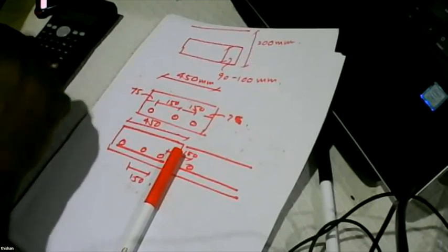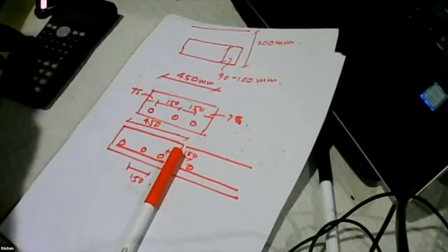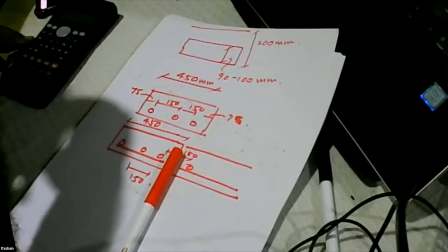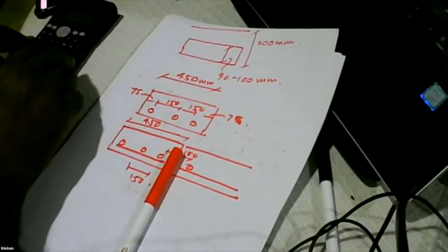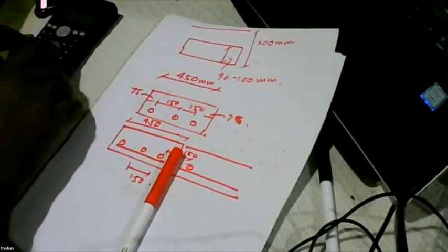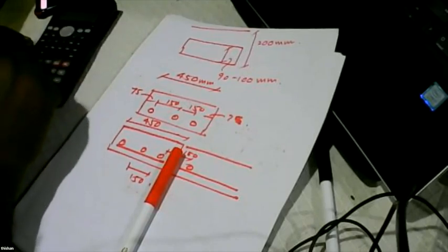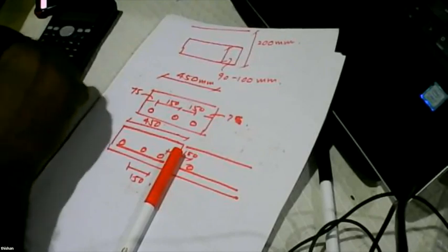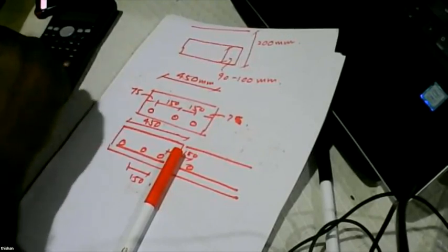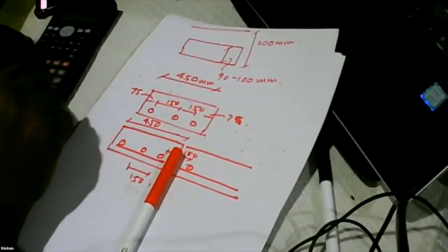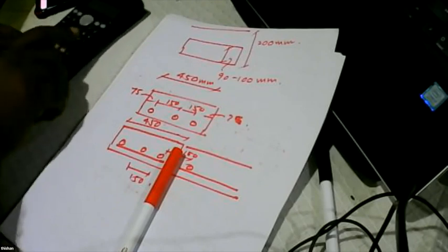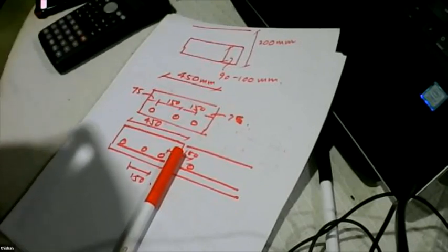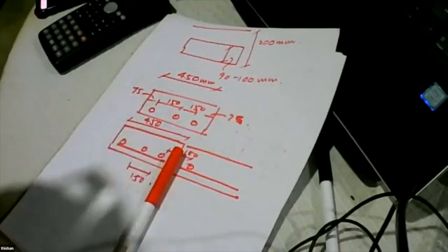Then you have to multiply, sorry. So that is 1.5 into 0.45 into 0.08 into 25. So 1.35 kilonewtons or 135 kilograms. So this panel is going to be about 135 kilograms.